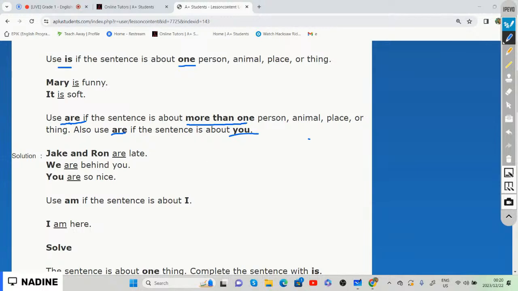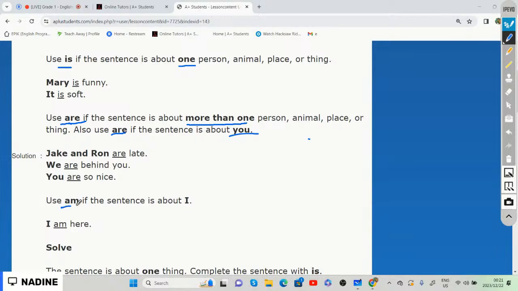For example, Jake and Ron are more than one person, so Jake and Ron are late. And then we say, we are behind you. We refers to more than one person. And we also use are if the sentence is about you, so you are so nice.